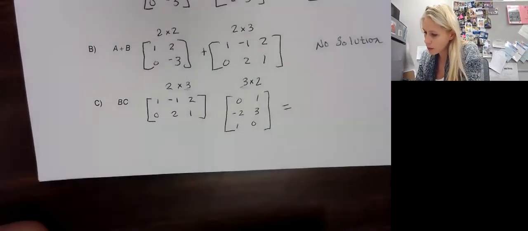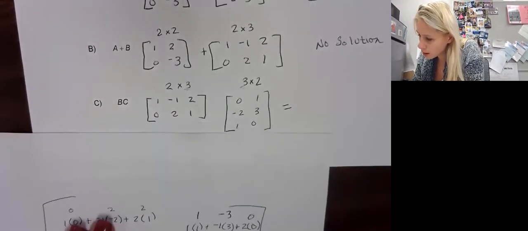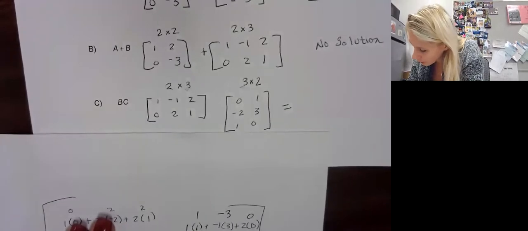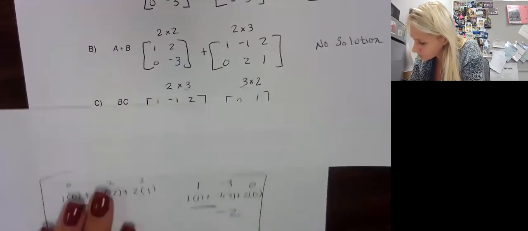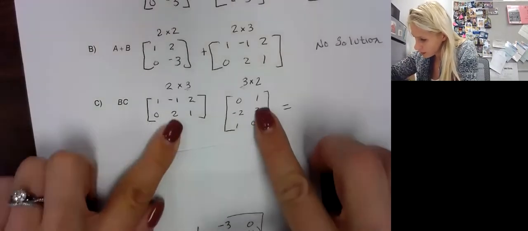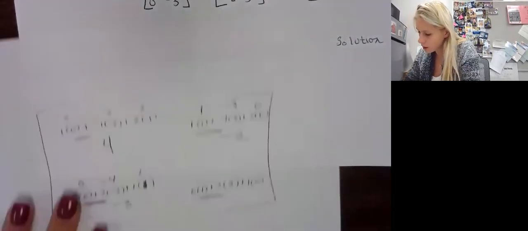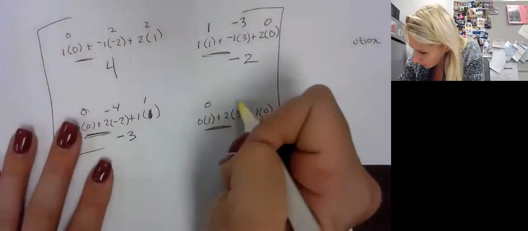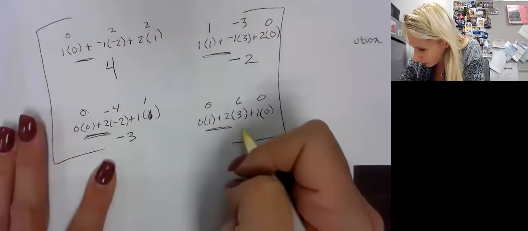All right, last one, row 2, column 2. So 0 times 1 plus 2 times 3 plus 1 times 0. Right? 1, that one, that one. Good. So 0, 6, and 0, so get 6.